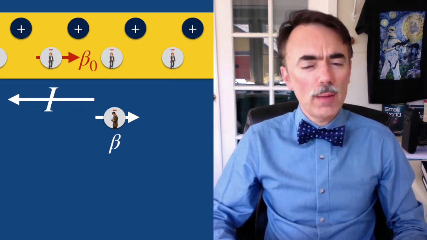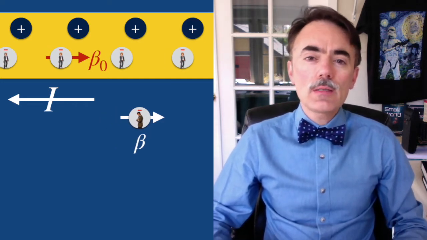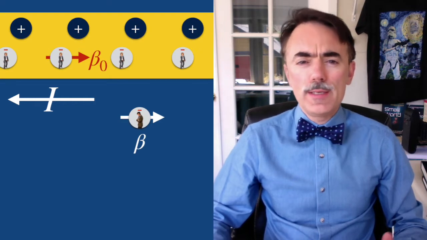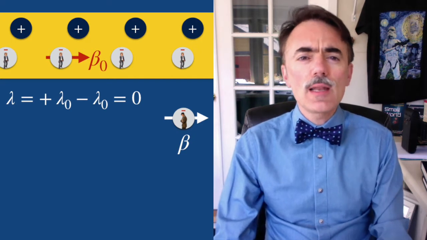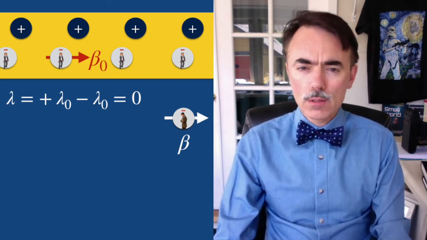From this lab frame, let's consider that the net density of charges in the wire is 0. We have the same density of positive ions as density of negative electrons. The density of ions is lambda naught, and the density of electrons is negative lambda naught.